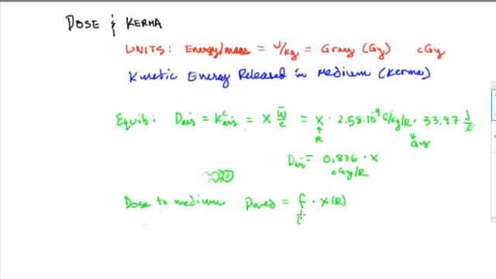This is called the F factor, or the Roentgen to rad factor. That factor depends very much on the Z of the material and the energy of the beam. So F is just some number, but there's some complex dependency on those variables.